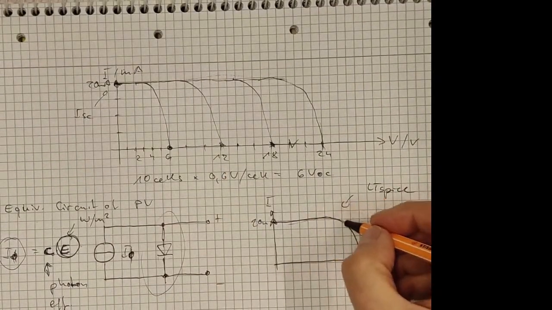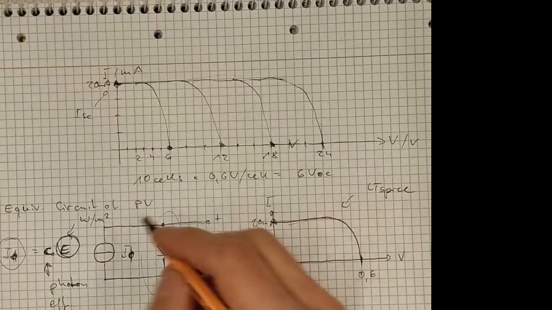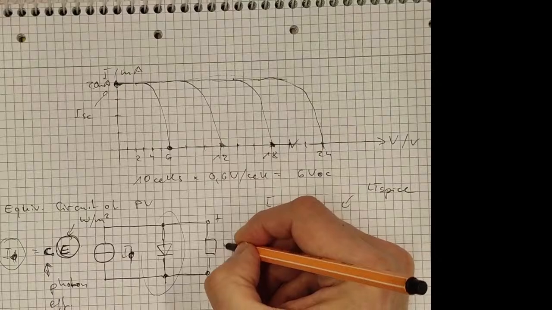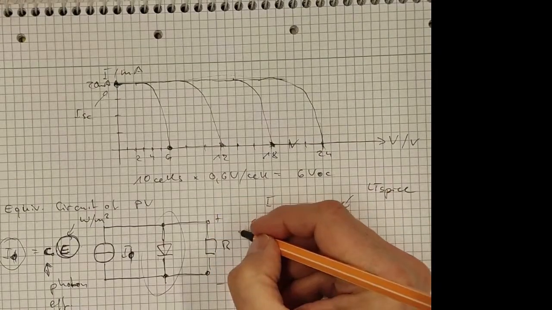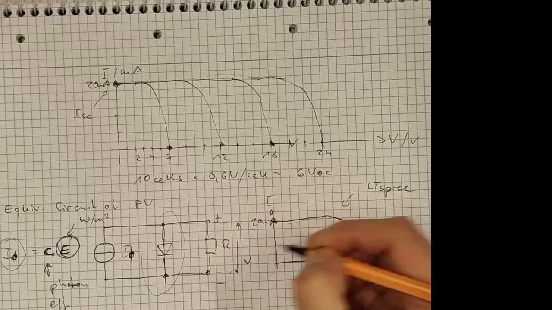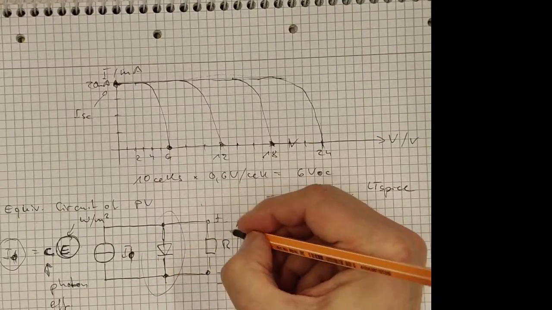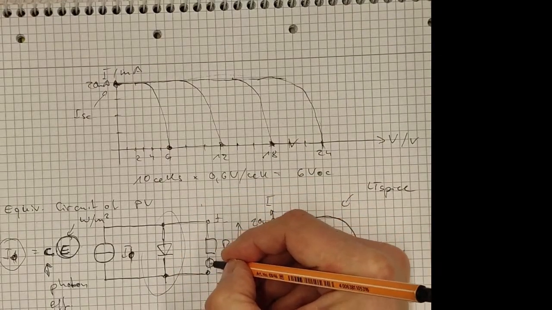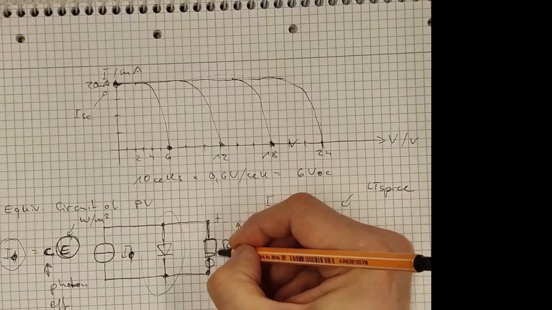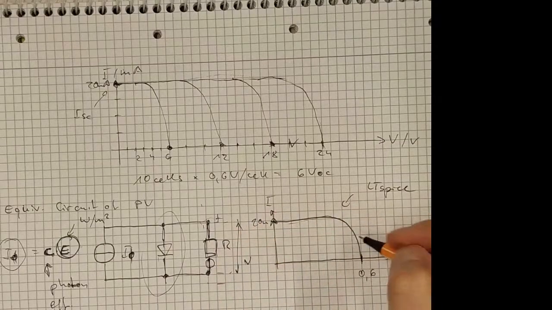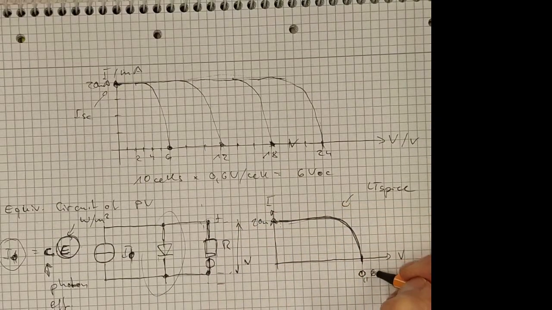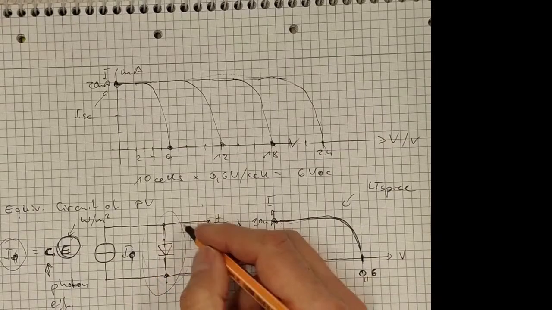So we have a load, and then we measure the voltage across this load, between the terminals of the cell, and we are measuring the current we are extracting. And then the performance looks like this, 0.6 for one single cell.